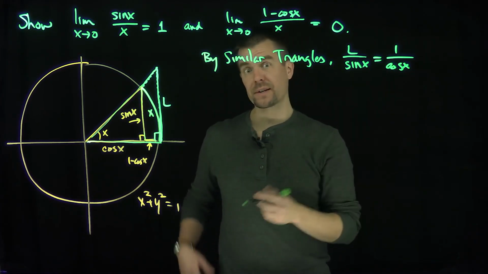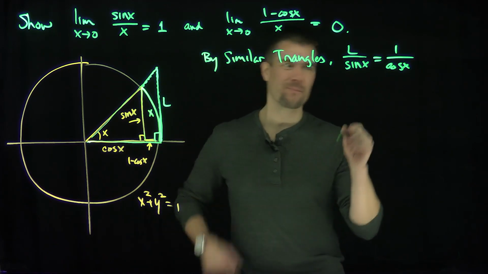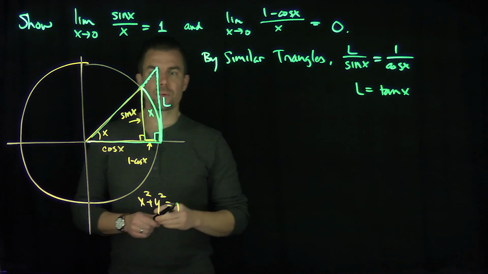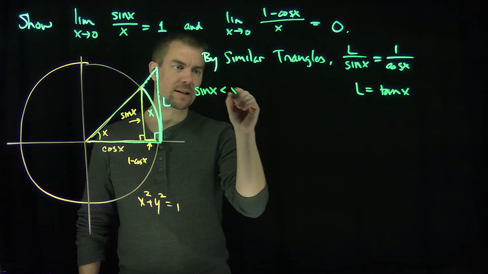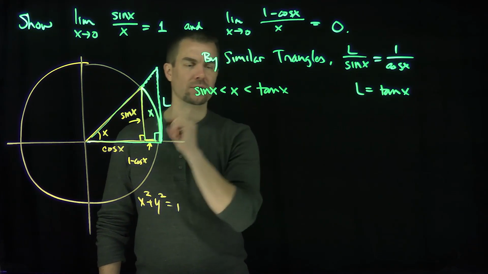So therefore, what is the length of that tangent line? The length of that tangent line is just tangent of x. Pretty cool. So L is tangent of x. Okay, excellent. And so from this we get a chain of inequalities: the sine of x is less than the tangent of x. So we get that chain of inequalities from our triangles over here.